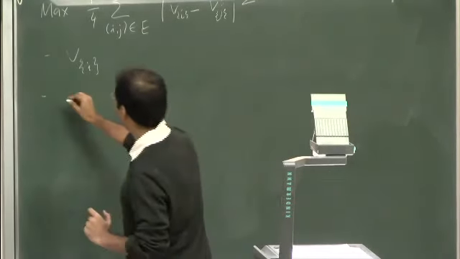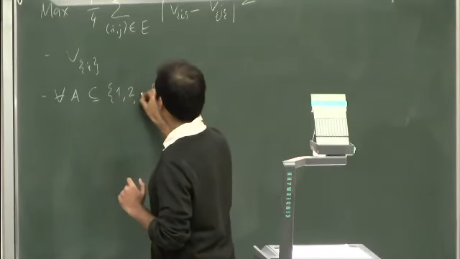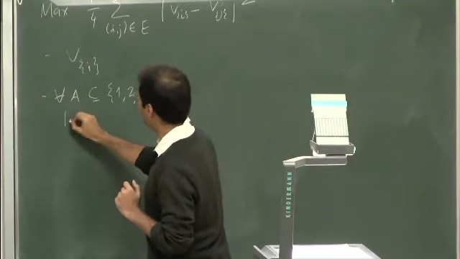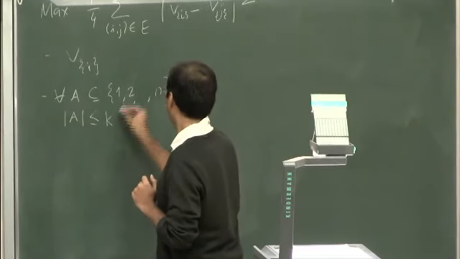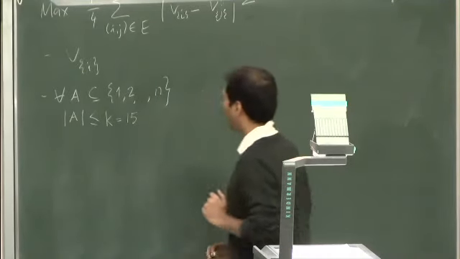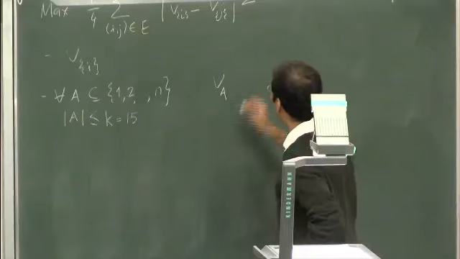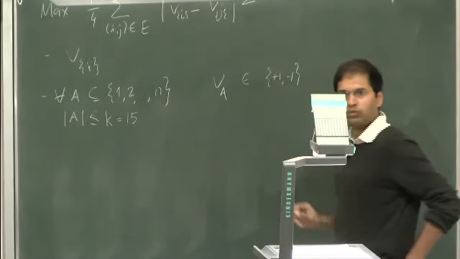So for every set A, subset of 1 through n, where 1 through n denote the vertices, for every set of size up to k, let's even fix some k equals maybe 15. For every set of size k, I am going to have a variable called v sub A, and this is also supposed to be +1 or -1.